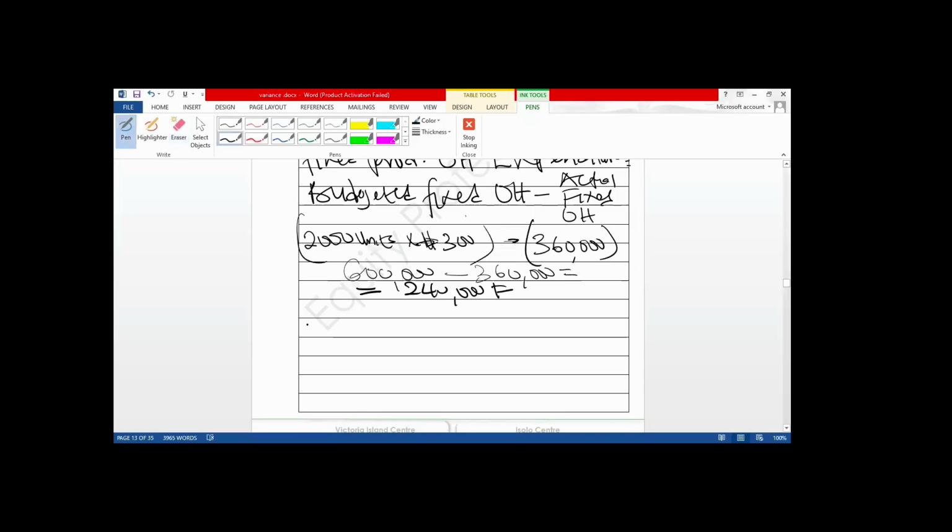Then you have the fixed production overhead volume variance.